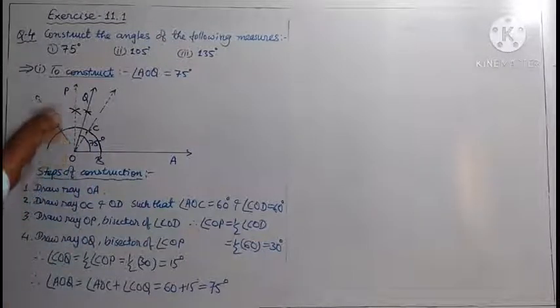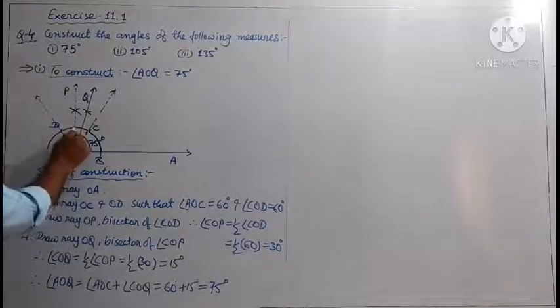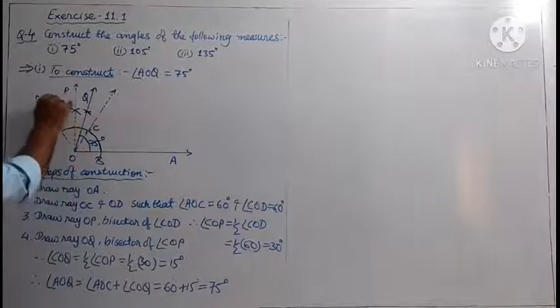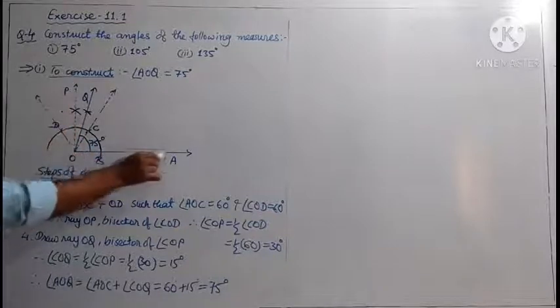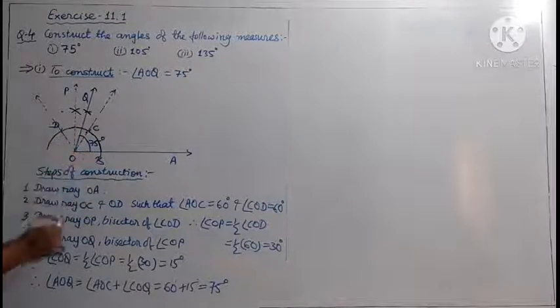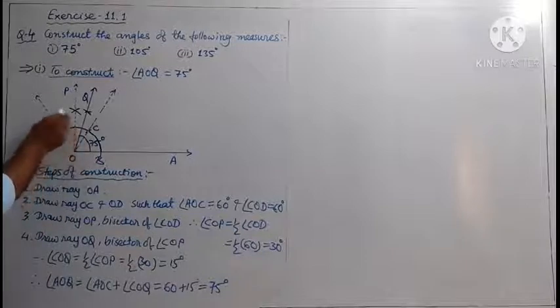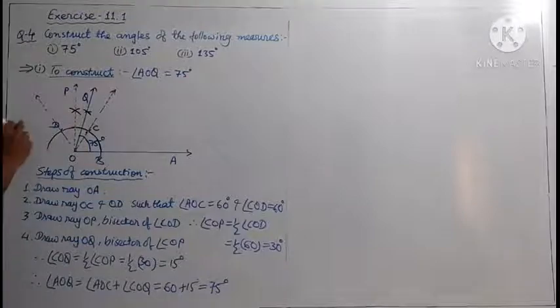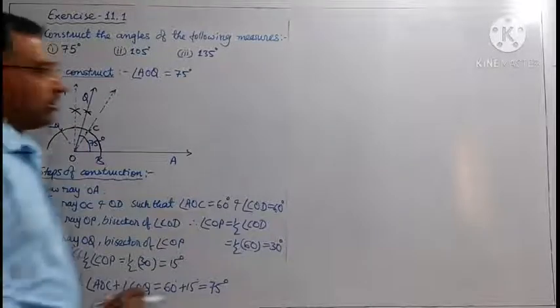Then you will get the point R here. Draw OR, then angle AOR is equal to 90 degrees plus 15 degrees, and that will be 105 degrees. So this you can construct as homework.